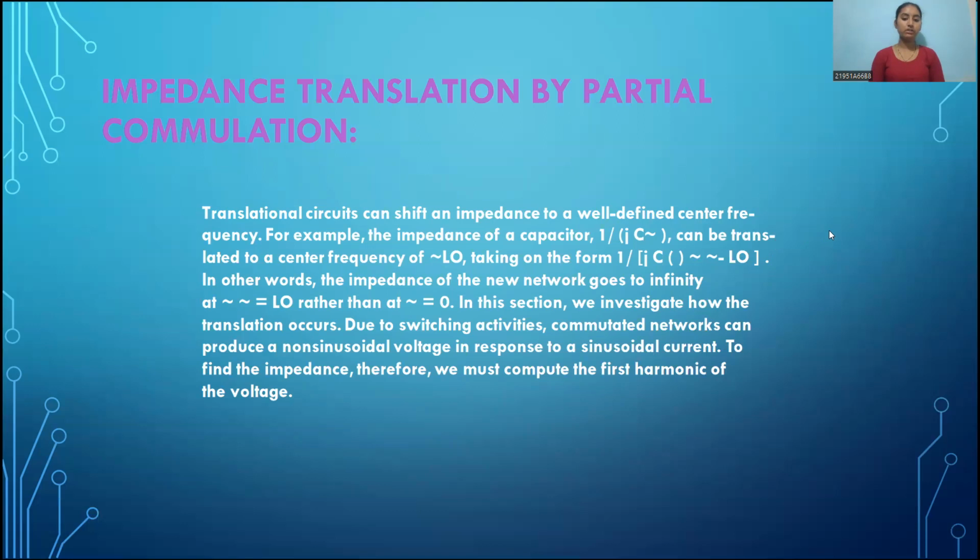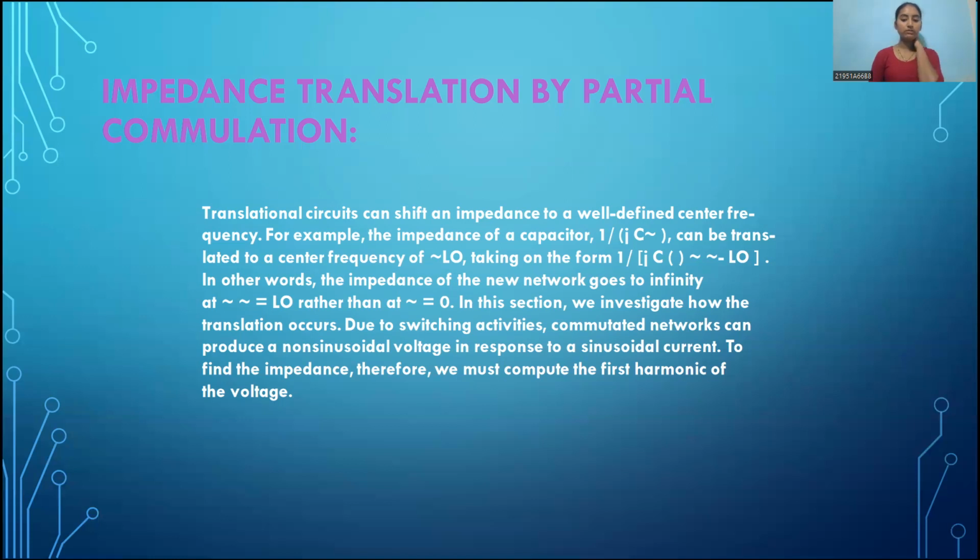Impedance translation by partial commutation. Transitional circuits can shift an impedance to a well-defined center frequency. For example, the impedance of a capacitor can be translated to a center frequency of ωLO, taking on the form 1 by C ωLO at ω equal to ωLO rather than at ω equal to 0.